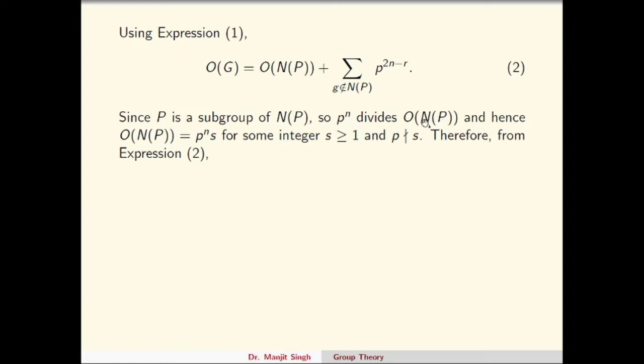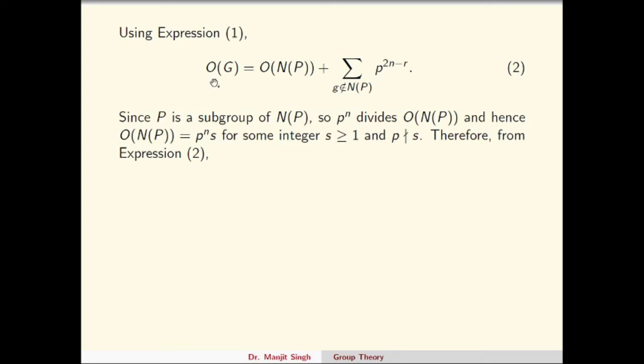So the order of N_P will be P^n times S, where S will be a divisor of Q here, and P will not divide S. Otherwise P^(n+1) divides the order of N_P, which is not possible for any subgroup of G, because P^(n+1) doesn't divide the order of G.